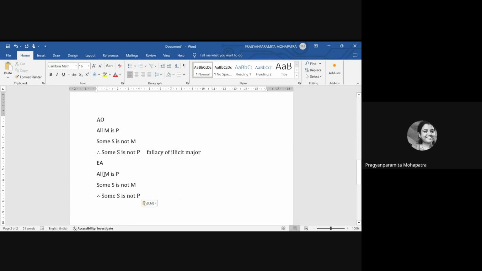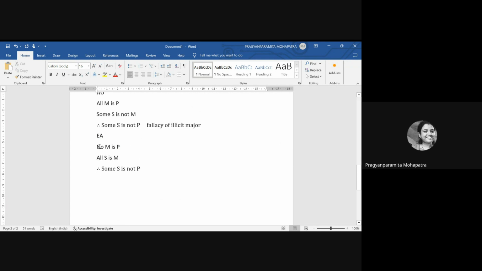The major premise is E, so no M is P. The minor is all S is M. So if one of the premises is negative, the conclusion must be negative: no S is P. Here the middle term is distributed in the major premise.